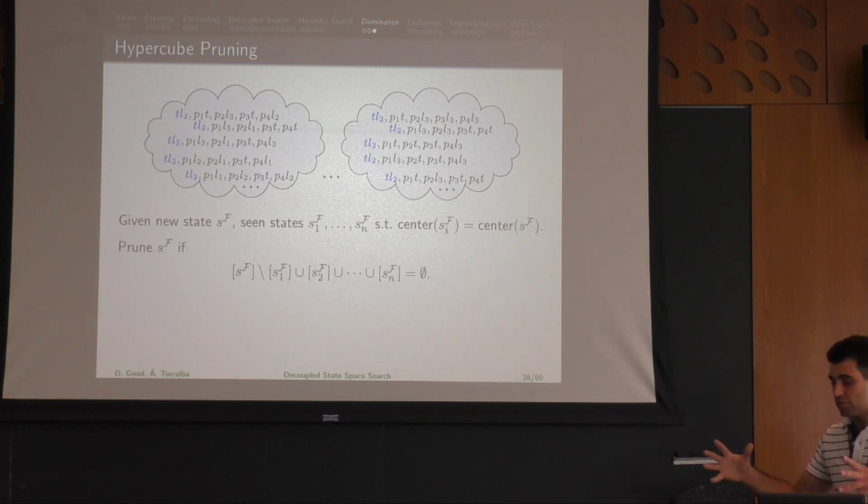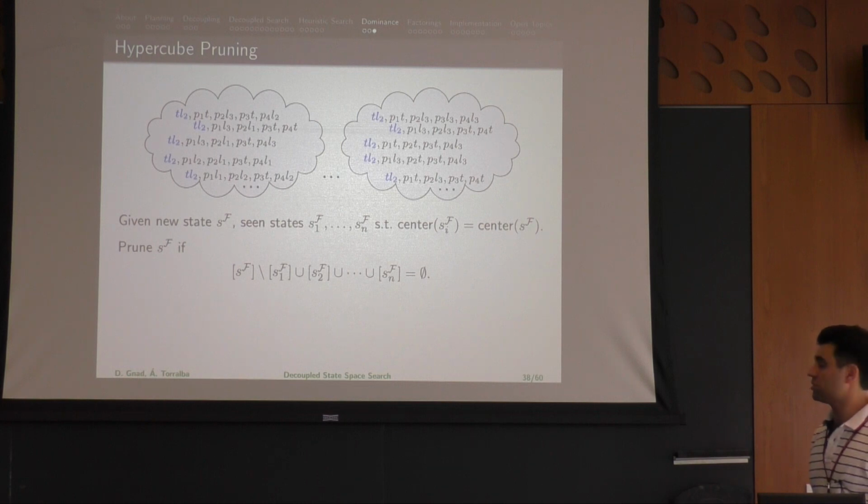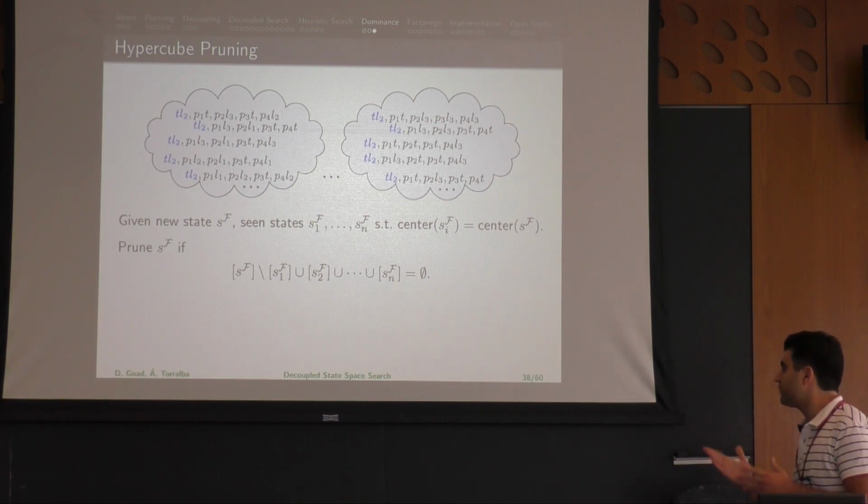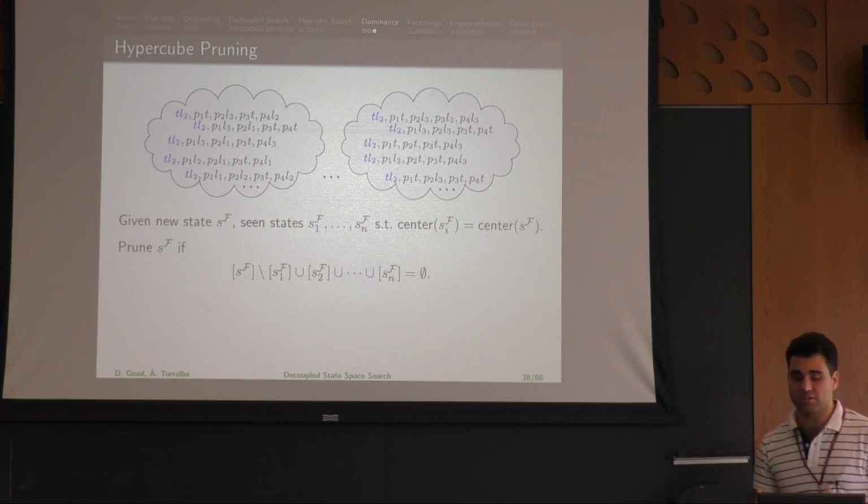If you consider each of these decoupled states as a set of states, this is quite intuitive. If you have already seen all the states in the new state, then this state is a duplicate, right? But of course, this is not so easy to do because computing the union of all the previously seen decoupled states is not going to be easy.